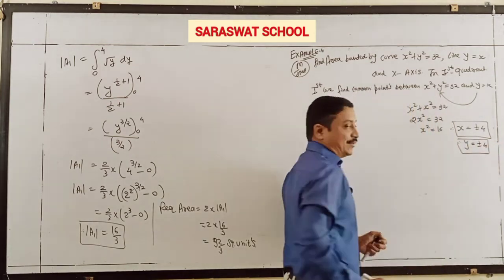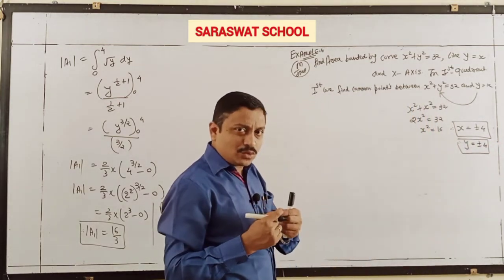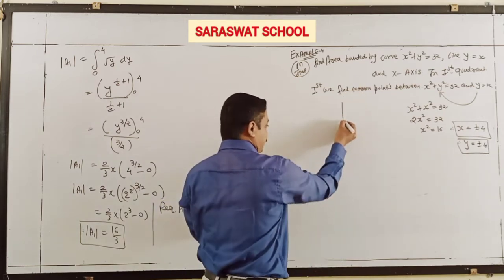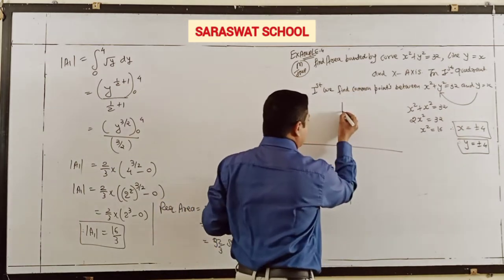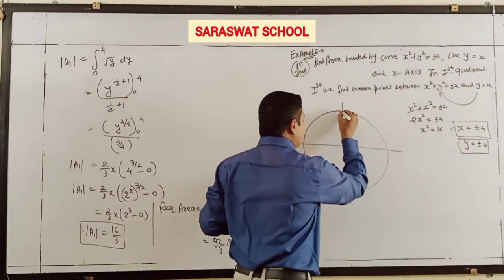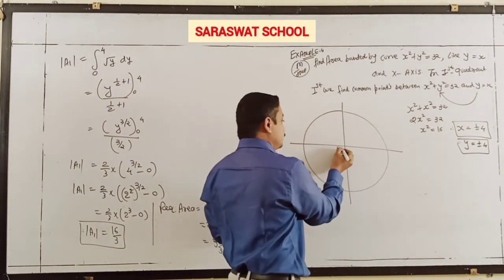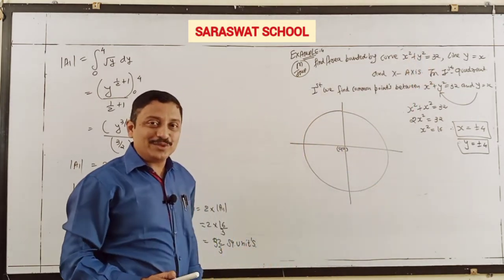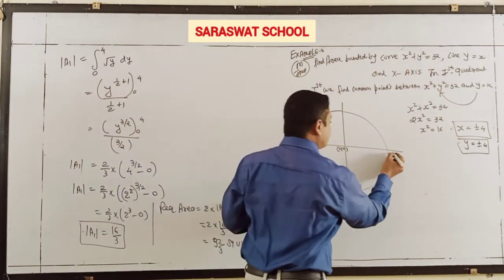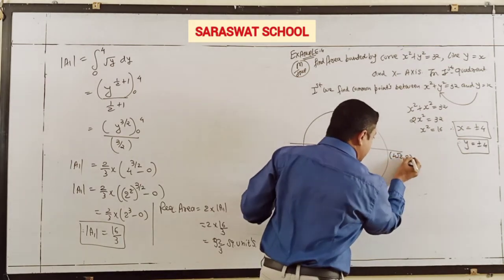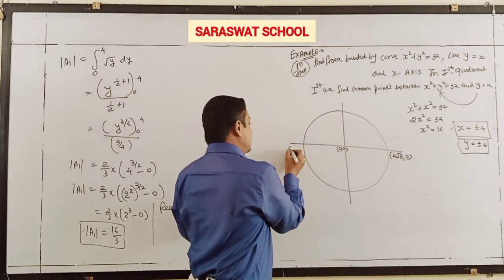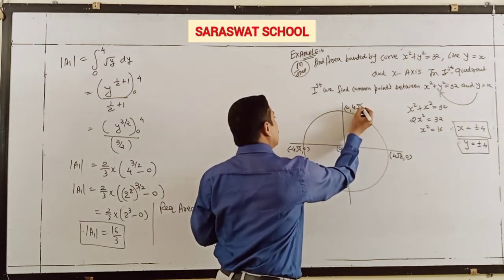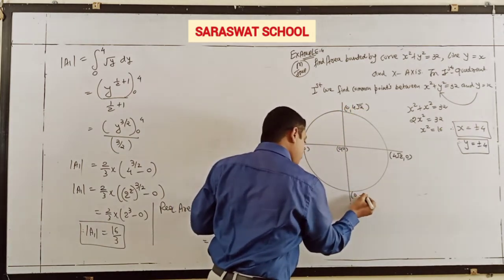That's your two values. Now you go to x 4, y 4 as the common points. You go to drawing. Your circle has center at the origin, no doubt. I directly plot it there, 0, 0. Radius what? Root 32. Root 32 means, students, 4 root 2, since 16 times 2. Here minus 4 root 2, same here 0, 4 root 2, and minus 4 root 2.